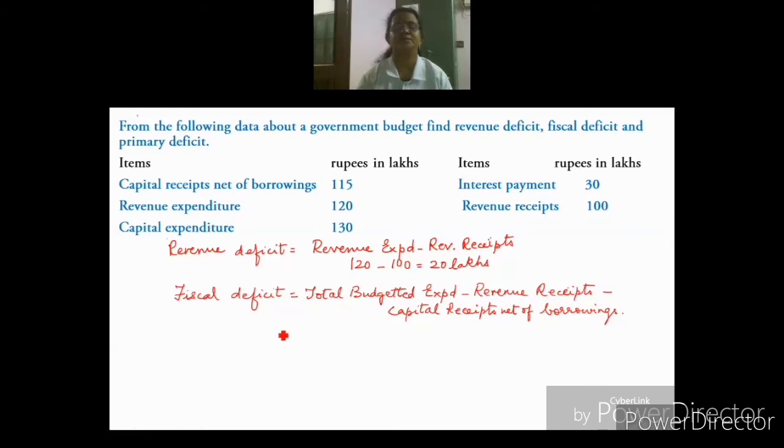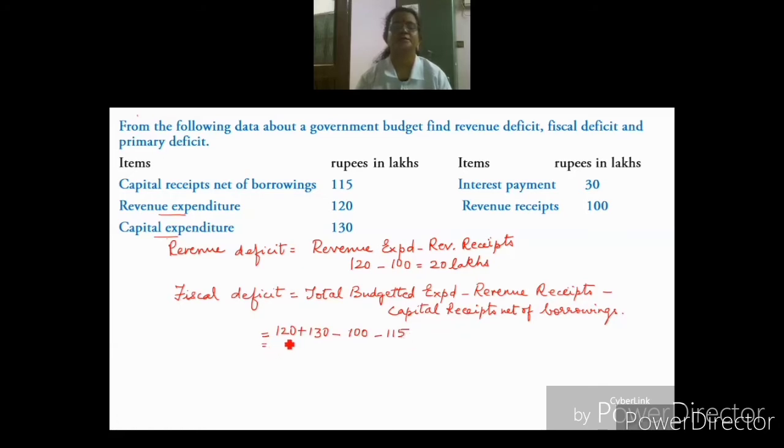So total budgeted expenditure is both revenue expenditure and capital expenditure. We call it as total budgeted expenditure. So it comes to 120 plus 130 minus revenue receipts is 100 minus capital receipts net of borrowing is 150.